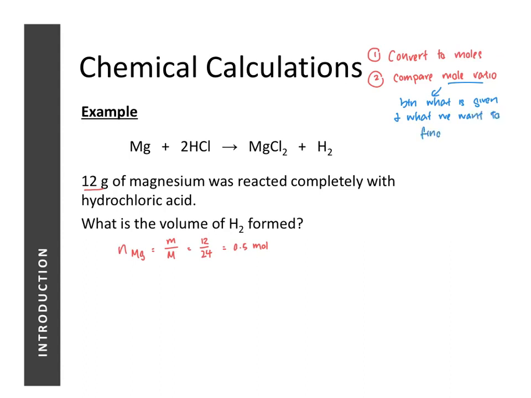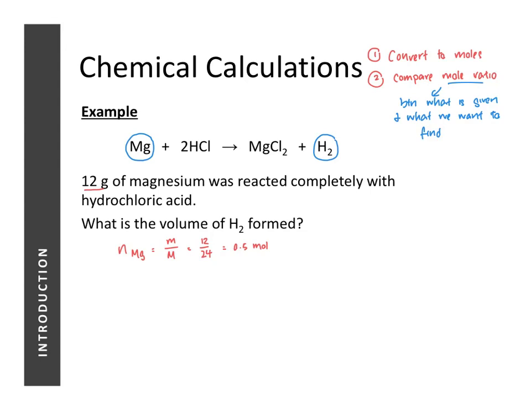What do I mean by that? What information is given in the question? We are given the mass of magnesium, so this is what is given. What do we want to find? From the question, we know that we want to find the volume of H2. So we need to compare the mole ratio between magnesium and hydrogen.